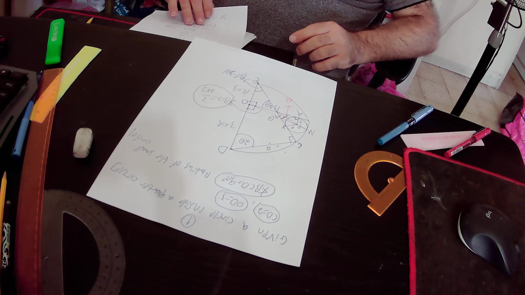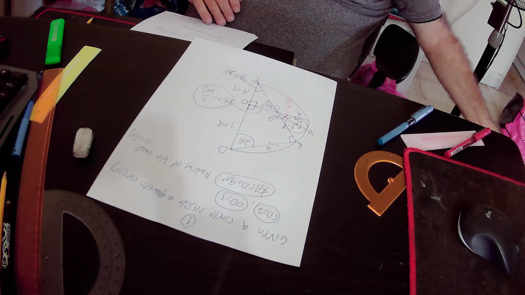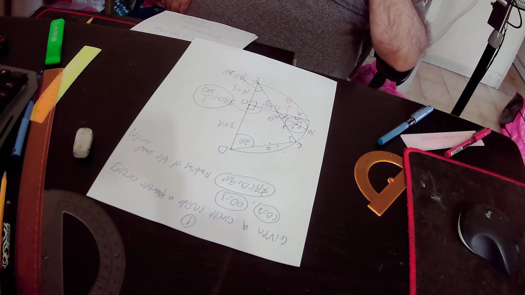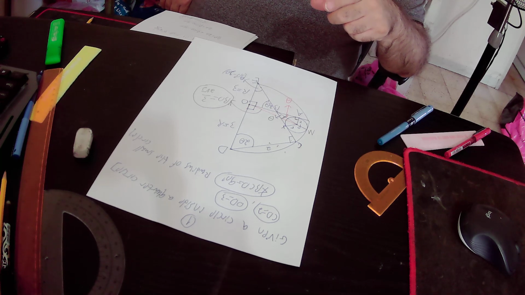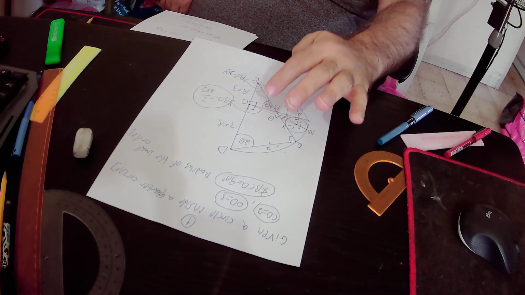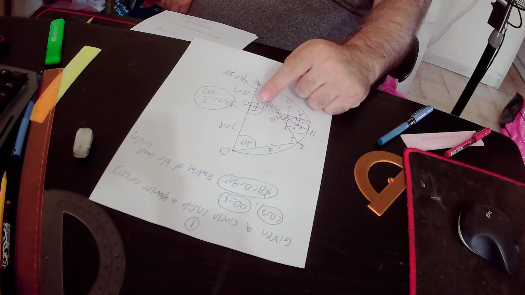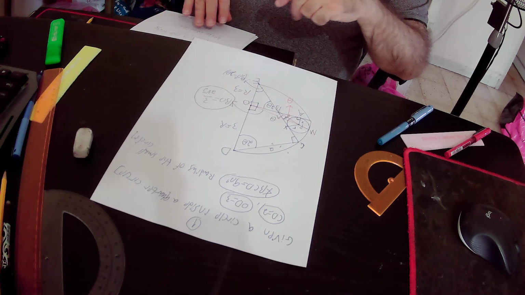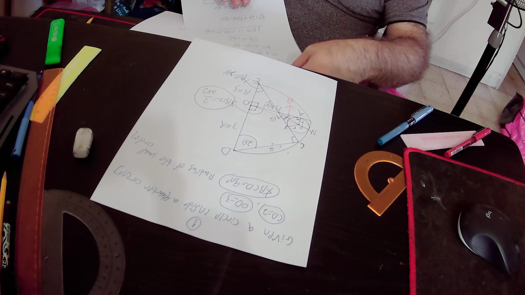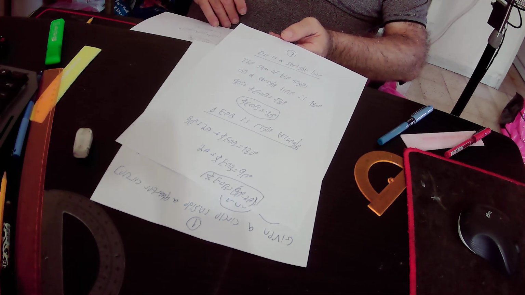Then we created from the quarter circle a semicircle, and we know that DE as a diameter is a straight line, and the sum of the angles on a straight line equals 180 degrees. So if this angle is 90 degrees, then 90 degrees plus angle EOB must equal 180 degrees.